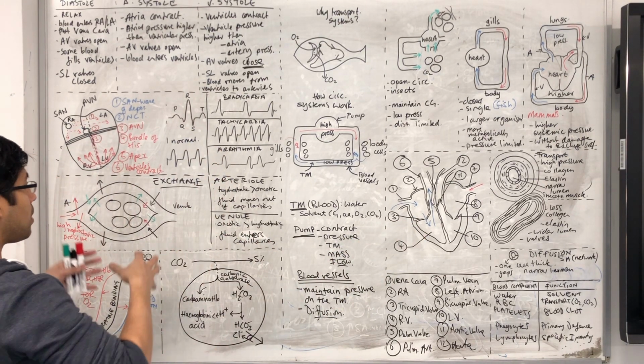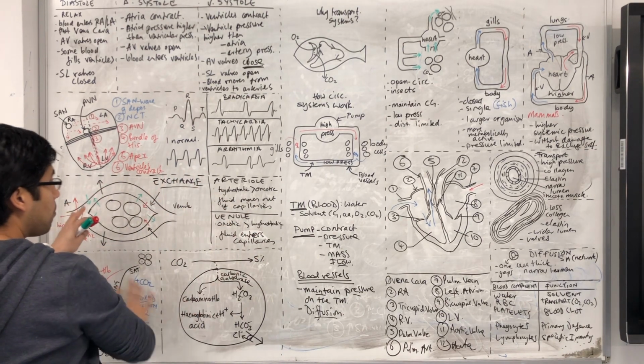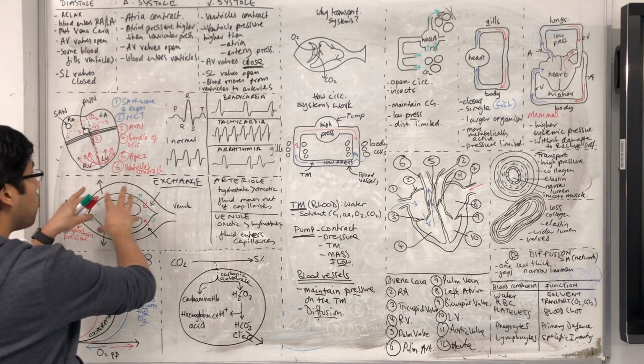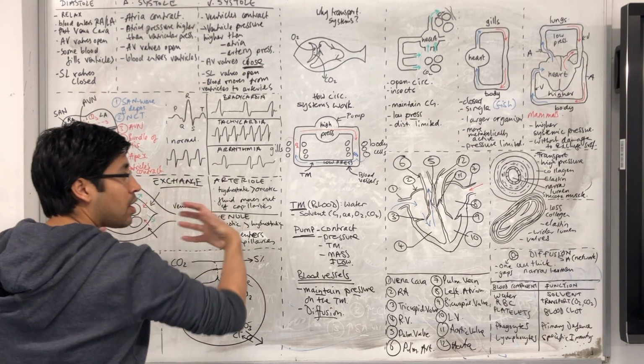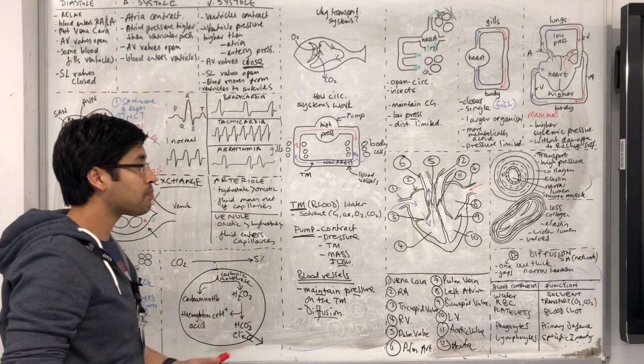We can look at the blood, the transport of oxygen, transport of carbon dioxide, and formation of tissue fluid as a deep dive into the function of the blood.